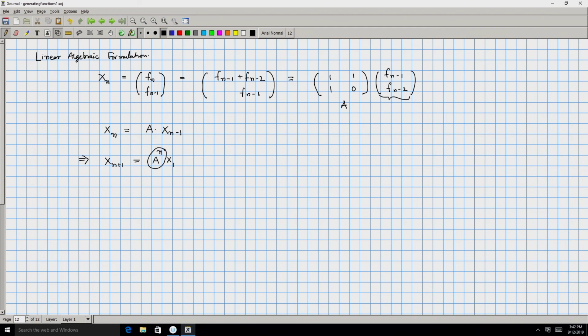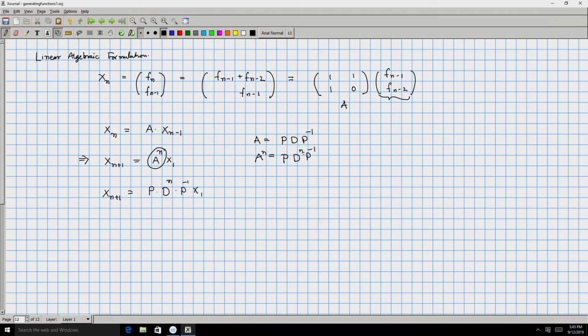Now, in order to determine the nth power of this matrix, we can diagonalize it. So, suppose we can write A as P D P inverse, then A raised to n is going to be equal to P D raised to n P inverse, and then we can write xn plus 1 is equal to P into D raised to n times P inverse times x1.